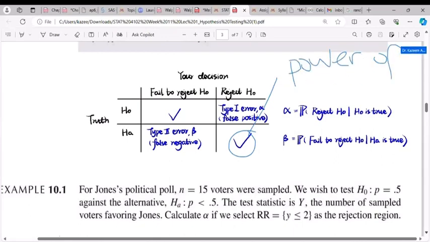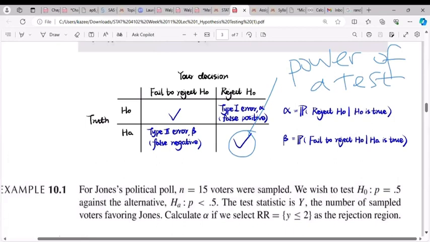The power of a test is the ability to take a correct decision. I'm going to say that again. The power of a test is the ability to take a correct decision, rejecting the null hypothesis when the alternative hypothesis is true.